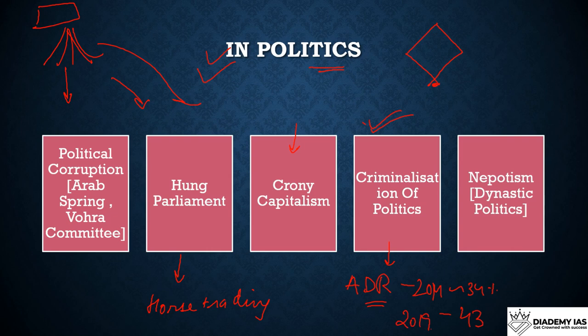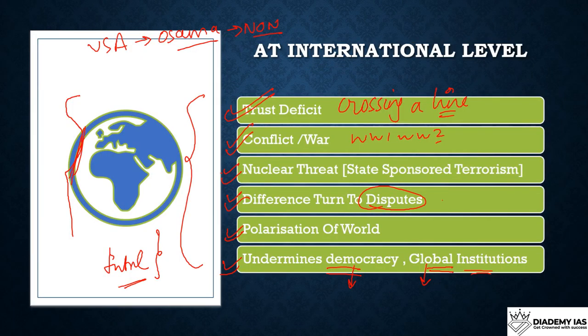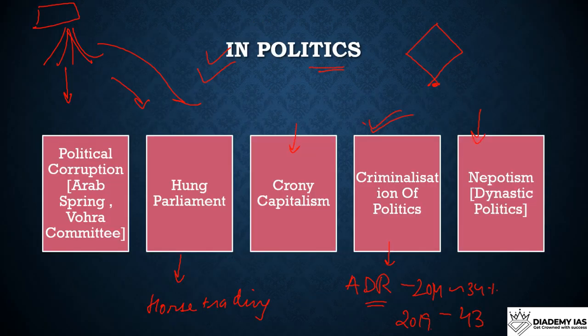All right. Also, if ethics are not followed, what will it lead to? Less intra-party democracy. Like we just saw in this point, if ethics is not followed, it undermines democracy in the international arena. Similarly, if dynasty is followed in the party, it leads to loss of intra-party democracy.